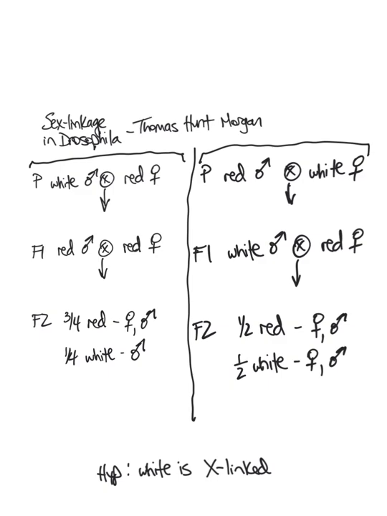The phenotypic results that you see here for both of these crosses allowed Morgan to hypothesize that white is a sex-linked gene. Specifically, it's on the X chromosomes. Let me take a minute to briefly summarize how sex is determined in Drosophila. Drosophila have 2 types of sex chromosomes, an X and a Y, just like we have in people.